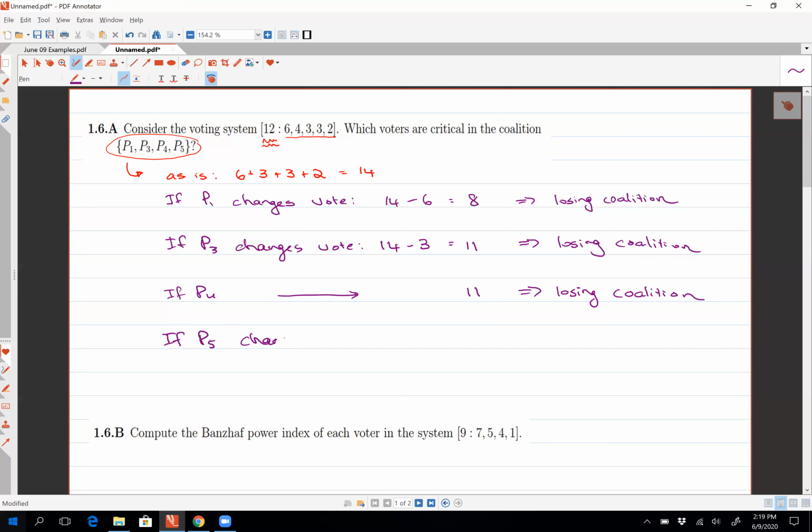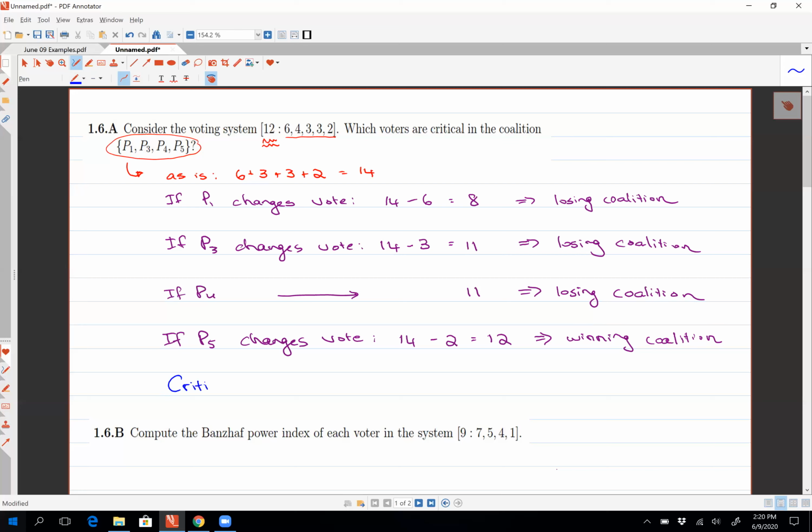What happens if voter 5 changes their vote? Well, the 14 loses 2 votes for a total of 12. And so now it is still a winning coalition. They did not need voter 5, but every other voter was critical.